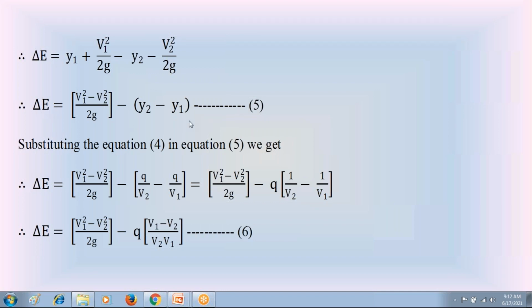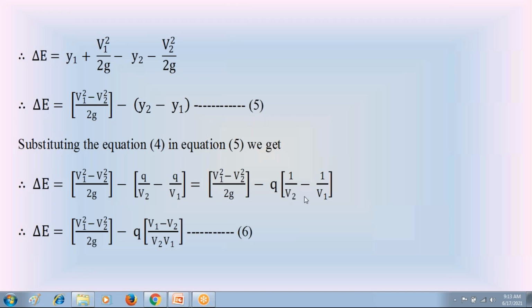Equation 5 changes as the loss of energy delta E is equal to v1 square minus v2 square by 2g minus of the depth y2, q by v2, and depth y1, q by v1. Then simplify this second term on the right side by taking q as common from the two terms. Then delta E is equal to v1 square minus v2 square by 2g minus q into 1 by v2 minus 1 by v1.